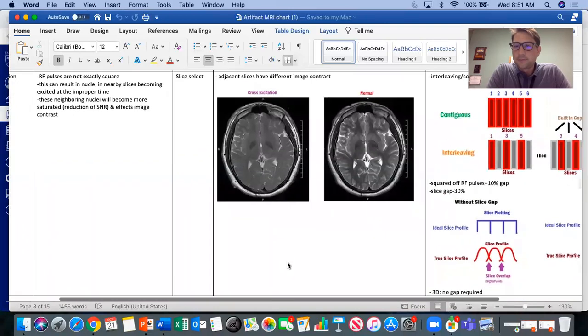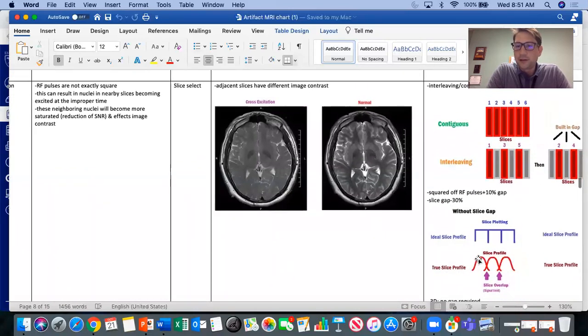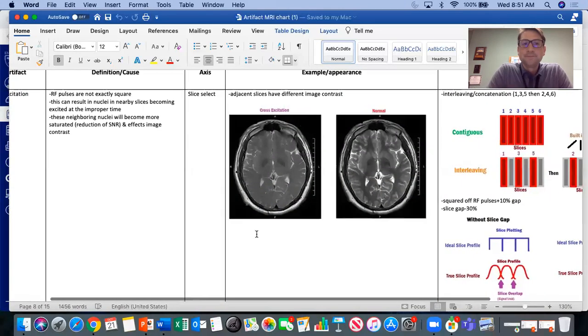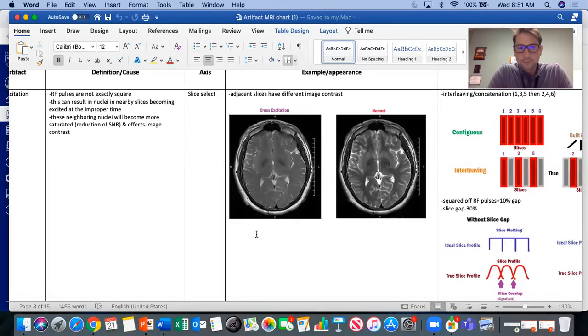This is what they look like, the RF pulses, kind of more rounded. So this particular artifact can result in nuclei in nearby slices becoming excited at the improper time.